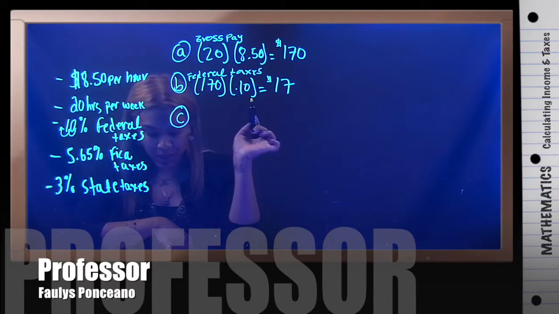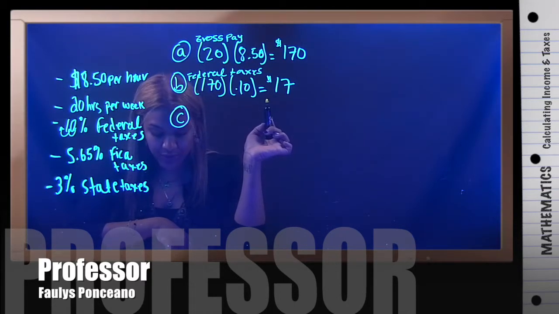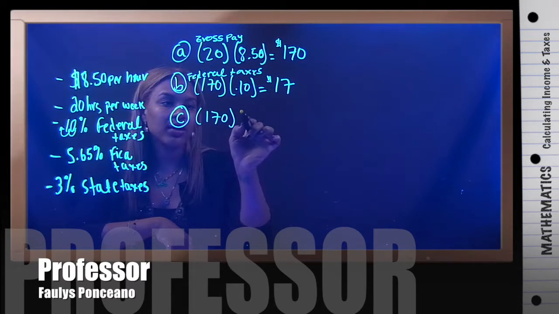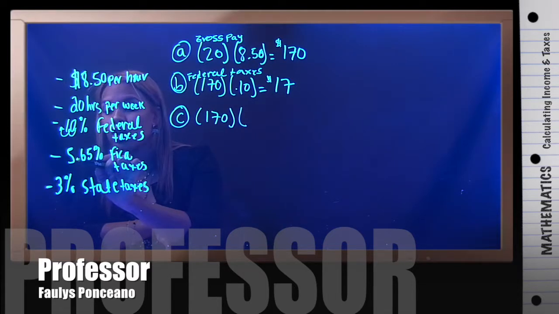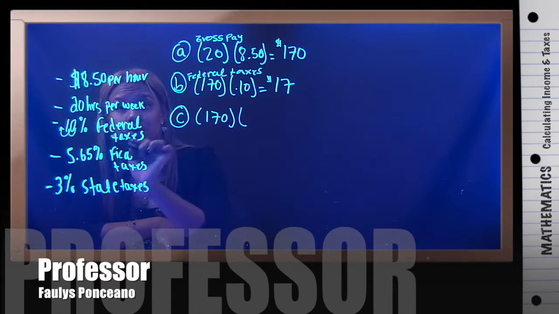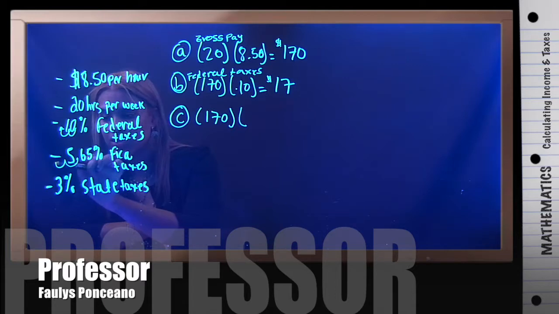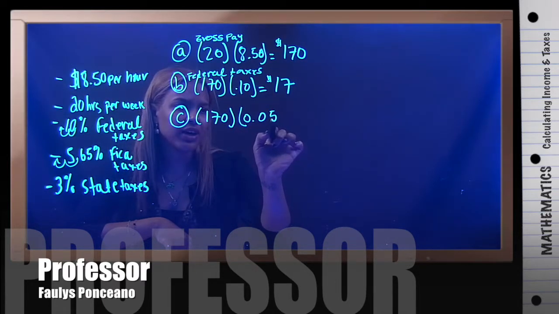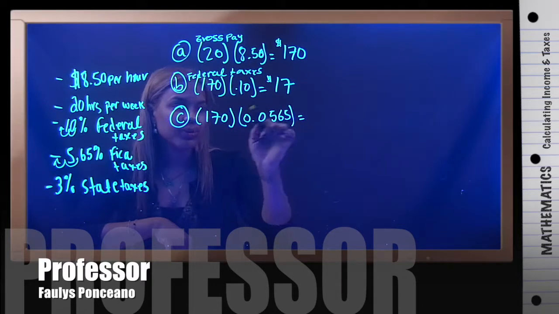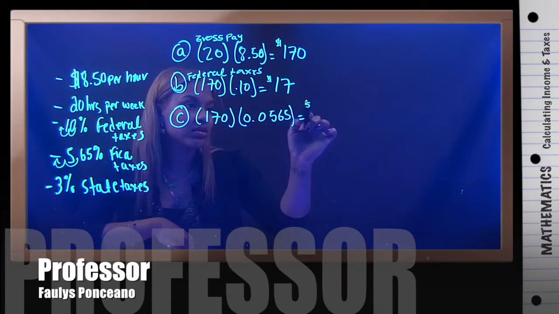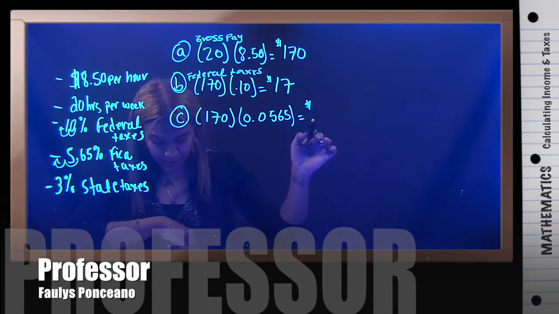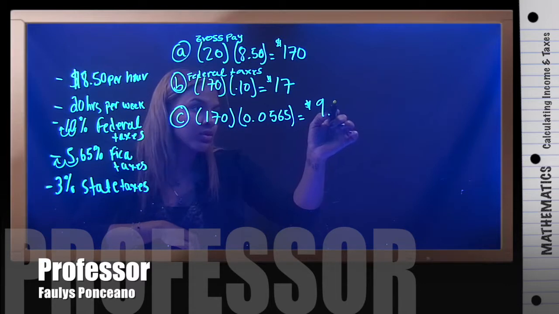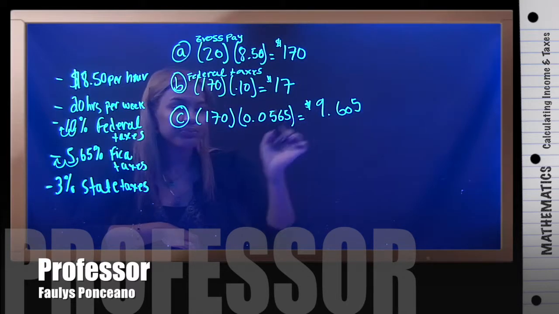Part C. How much is withheld per week for FICA taxes? So we're going to do the same, the gross pay times FICA. Change 5.65 to a decimal. So you go 1 and 2, 0.0565. When you multiply that, you get 9.605.